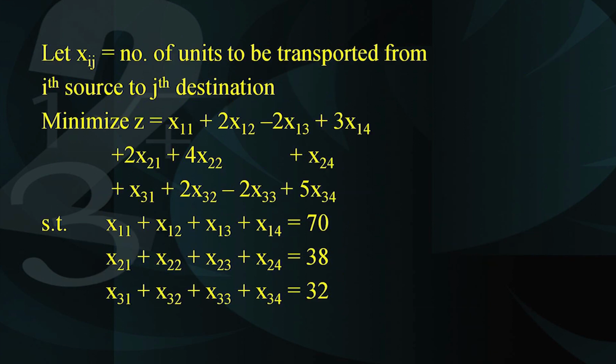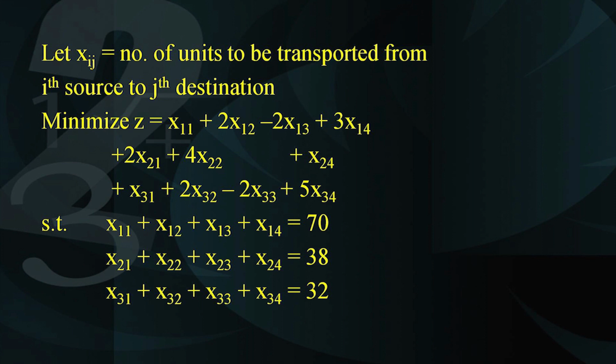This is the model. Let us look at it carefully to see what it means. Xij is the number of units to be transported from the ith source to the jth destination. As you remember, in the last lecture we defined 3 steps to model a given problem. This is the first step, that is we want to define the decision variables.